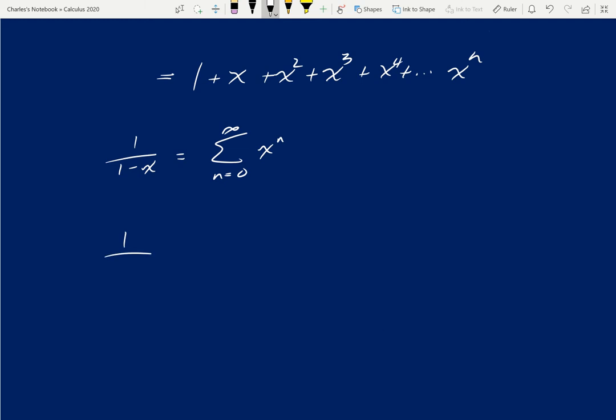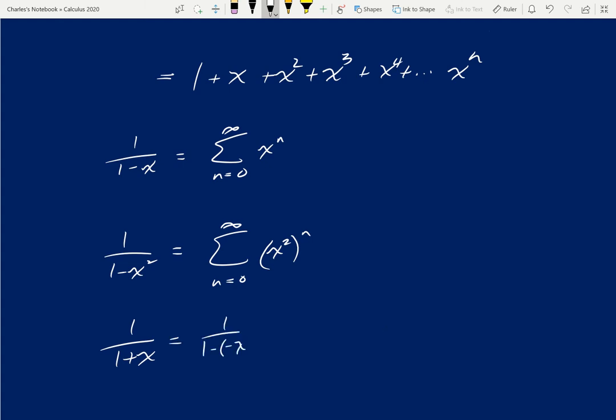So if I say, what does 1 over 1 minus x squared equal? Well, I could say this is the sum as n goes from 0 to infinity of x squared to the n. What does 1 over 1 plus x equal? Well, this is 1 over 1 minus negative x.